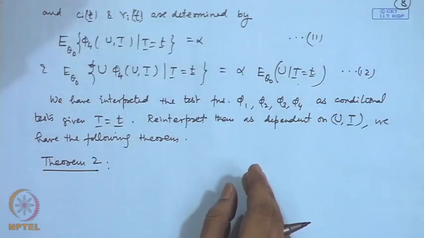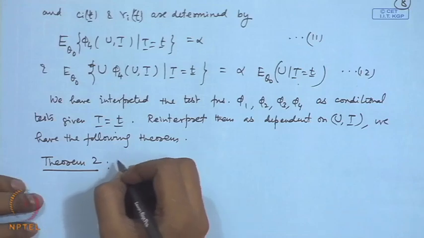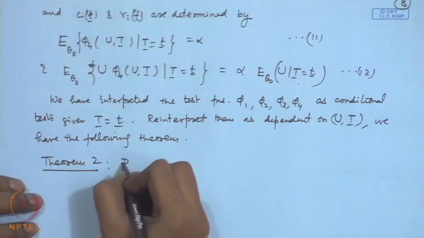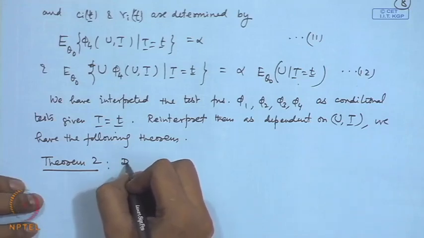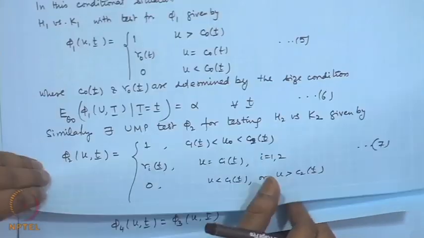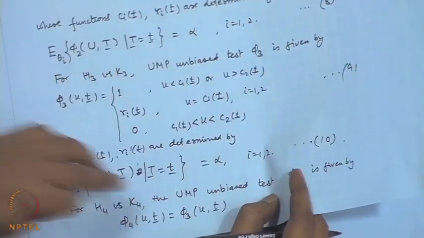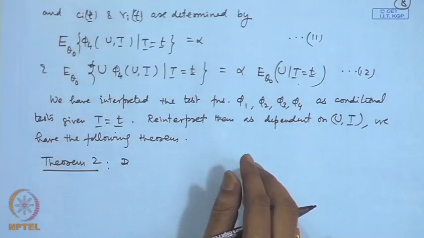But when I consider them as unconditional tests, all of these tests will become UMP unbiased. So, the statement is in the given theorem here. So, phi 1 is defined by these conditions, phi 2 is defined by these conditions, phi 3 is defined by these conditions, etcetera.